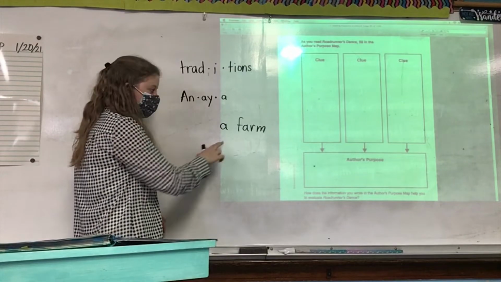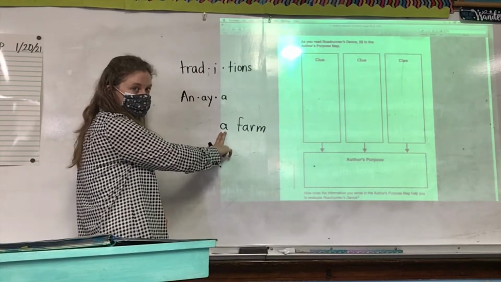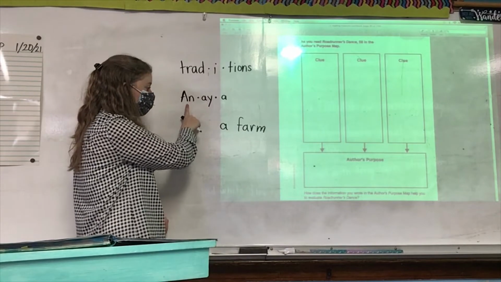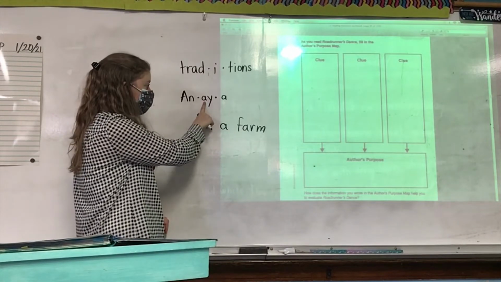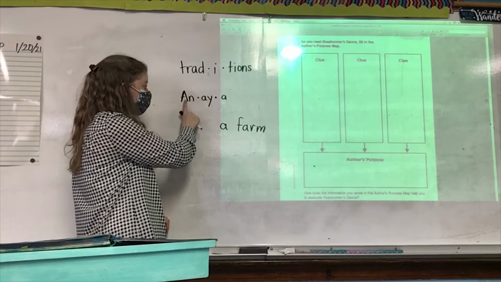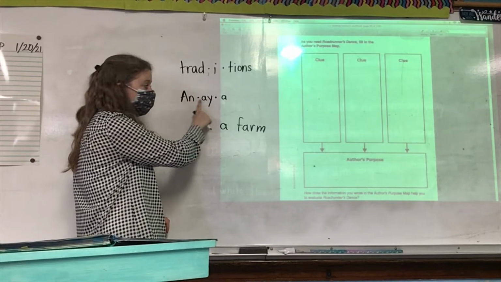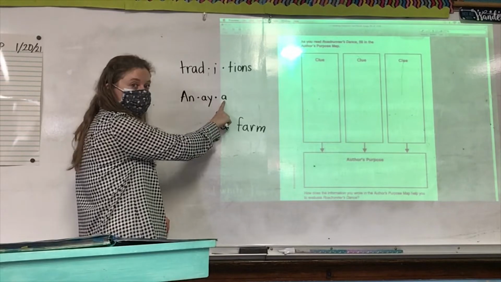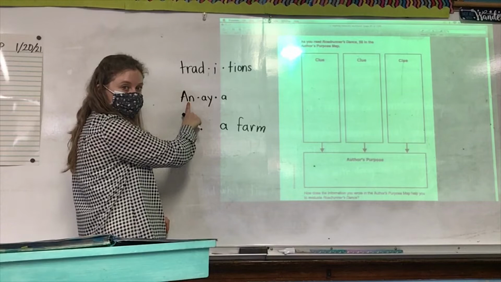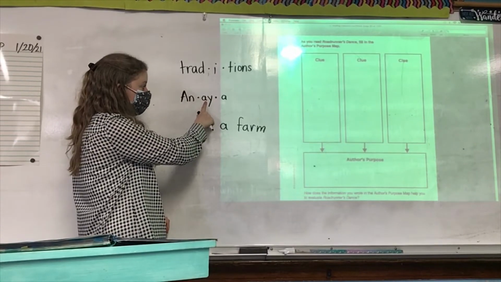A farm. Sometimes we also say a farm. And A. Oh, and A. Yeah.